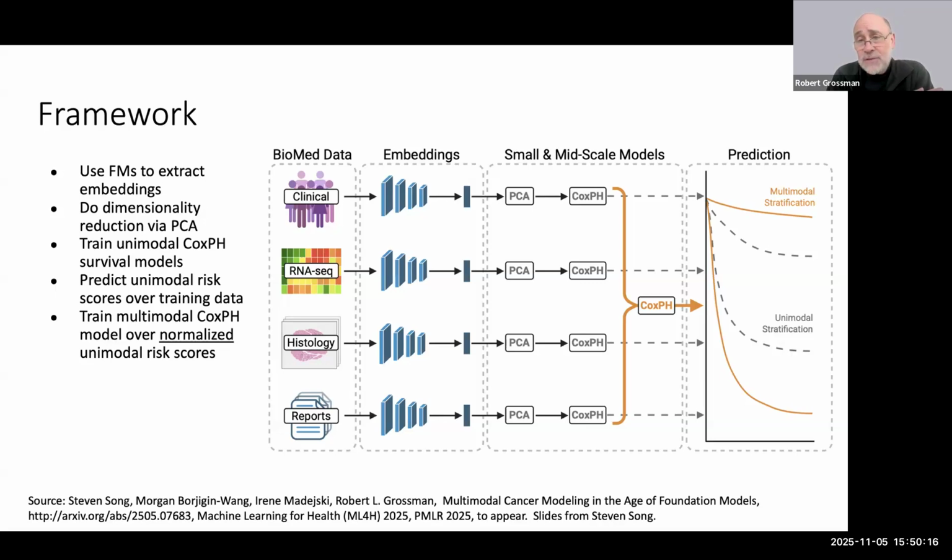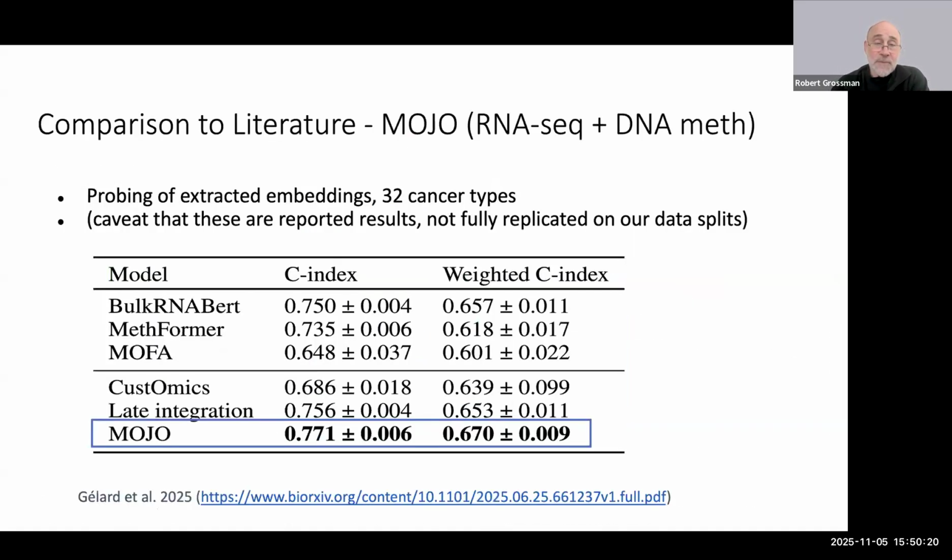And we're going to do principal components and build this machine learning model. So again, this is a table from the paper where there are a large number of foundation and LLM-type models built over TCGA data. We just really want to understand those.